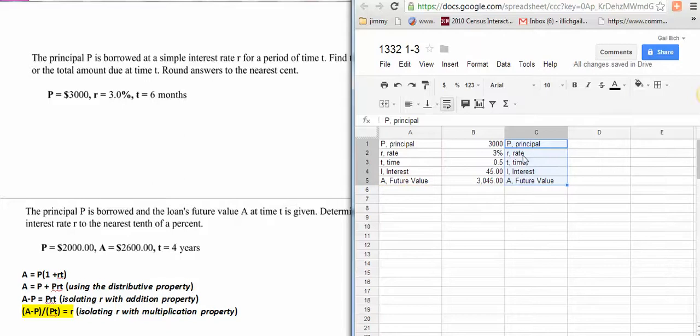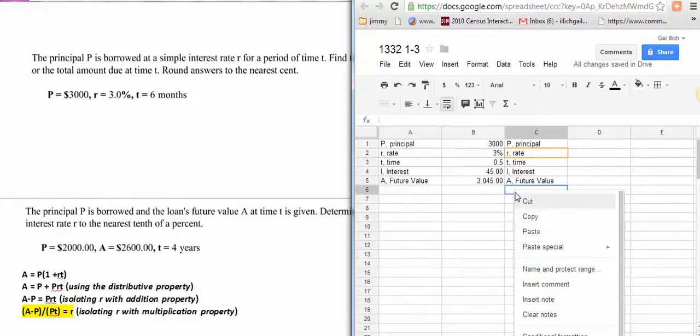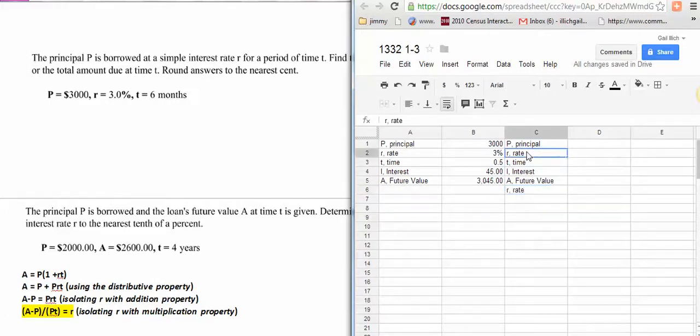Now I have principal, I have A, and I'm looking for... or no, I have T, I'm looking for R. I think when I'm looking for R, I might need to put this as the last one. So I'm going to copy this and put it down here, paste it, and delete it from here.